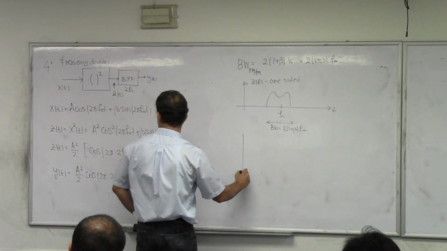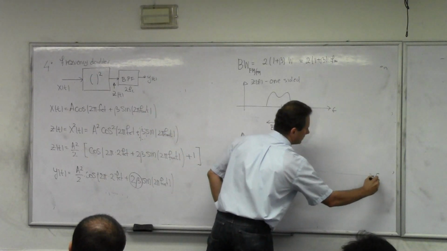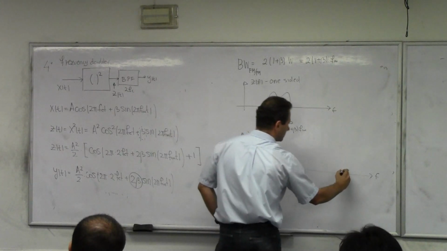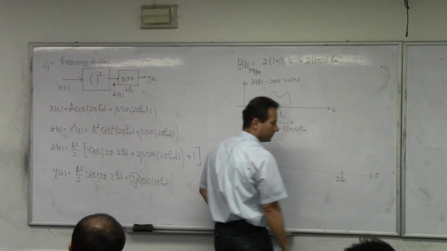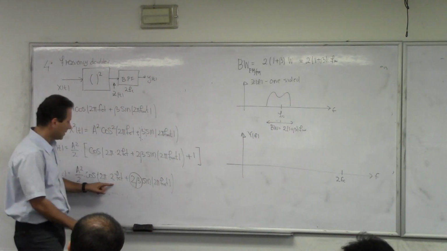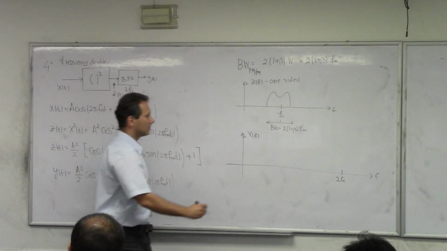Where is the footprint of Y of f? This is f. No, this is Y of f. What has happened? Y of f shifted to 2Fc. You see that? The carrier frequency here is 2Fc. What is the bandwidth of that signal?